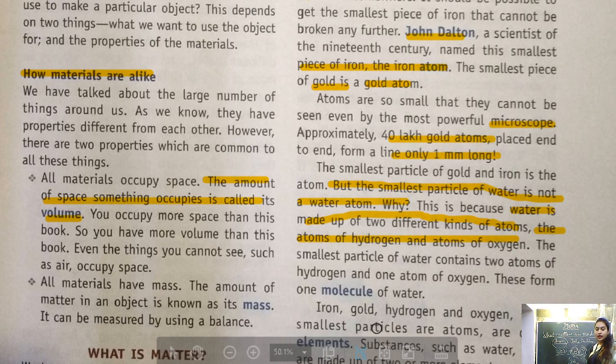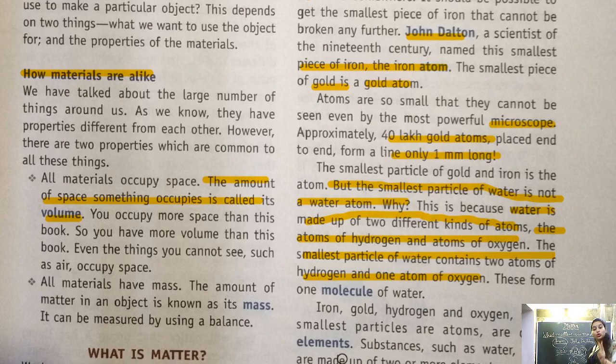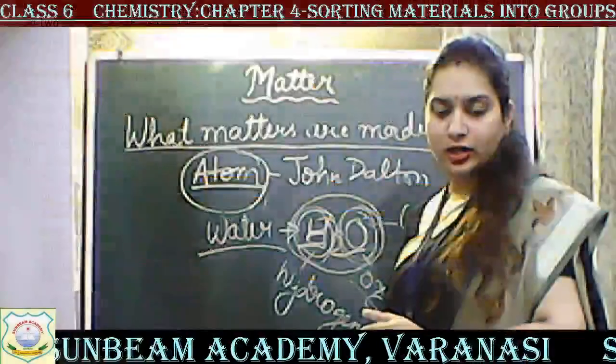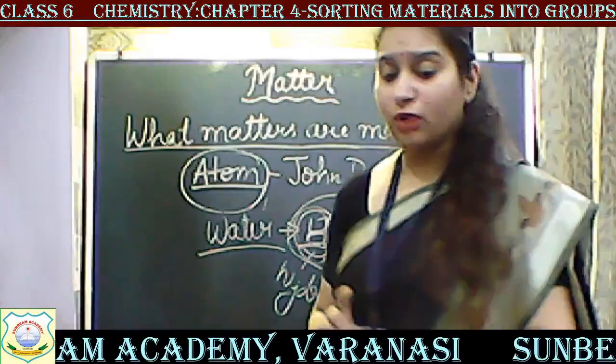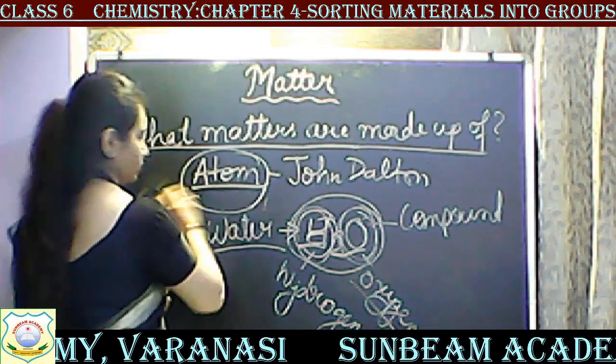So the smallest particle of water contains two atoms of hydrogen and one atom of oxygen. Two atoms of hydrogen means the formula is H2O. Now let me explain it to you. The formula of water is H2O.